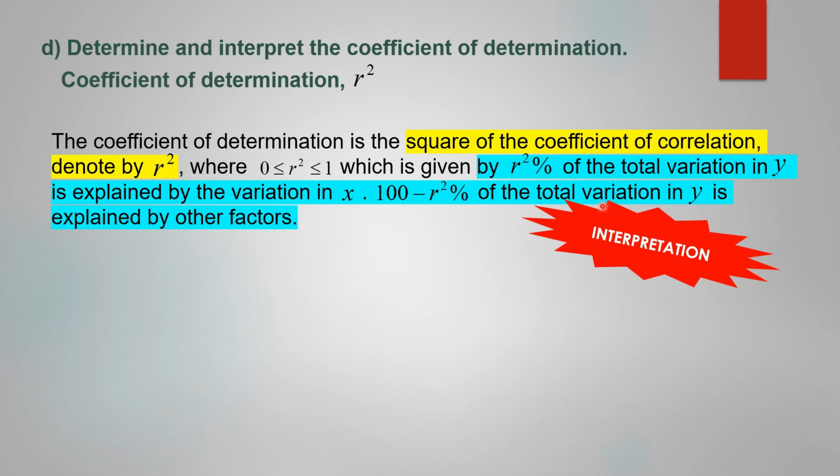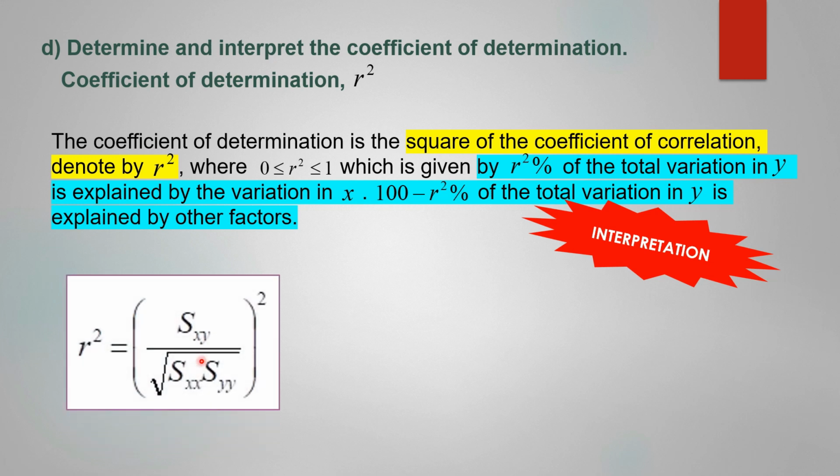Next, let's look at the formula in order to find the R square. If you remember from the last lecture, the formula in order to find R is Sxy divided by square root Sxx times Syy. So, in order to find the coefficient of determination, which is R square, what we need to do is square the R value.